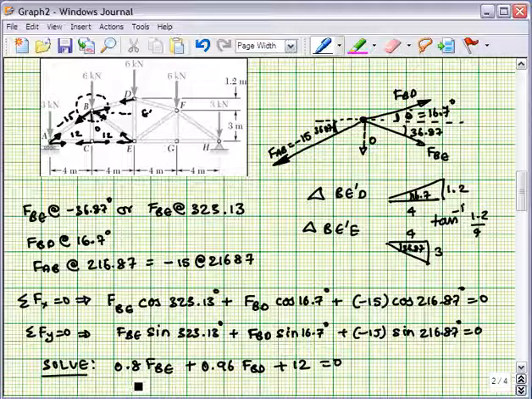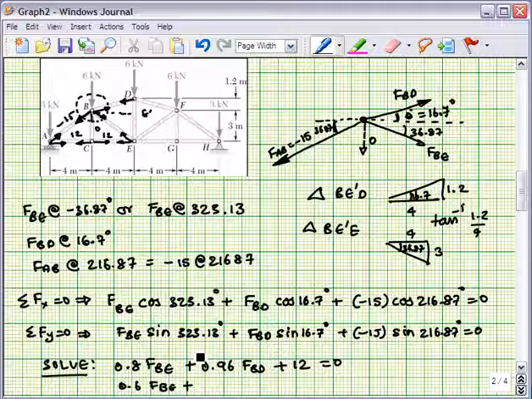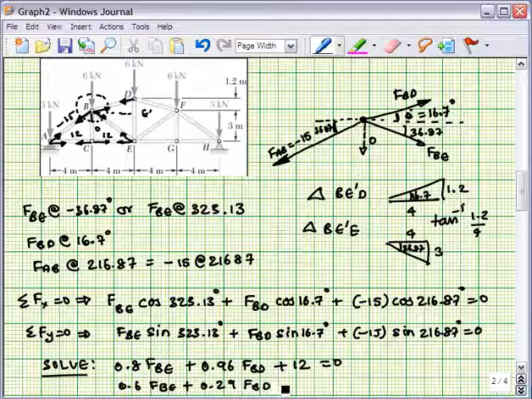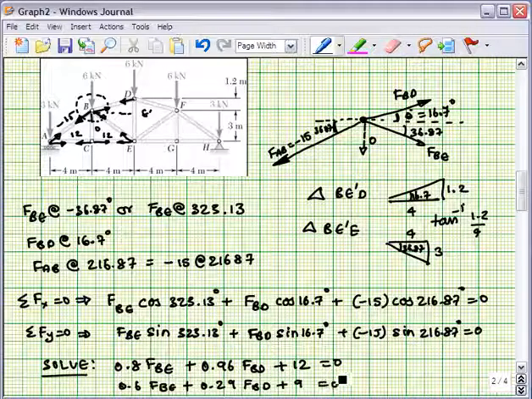And then I will get 323.13 sine, so 0.6 FBE plus 0.29 FBD, the last one is 216.87 sine times 15, plus 9 equal to 0.